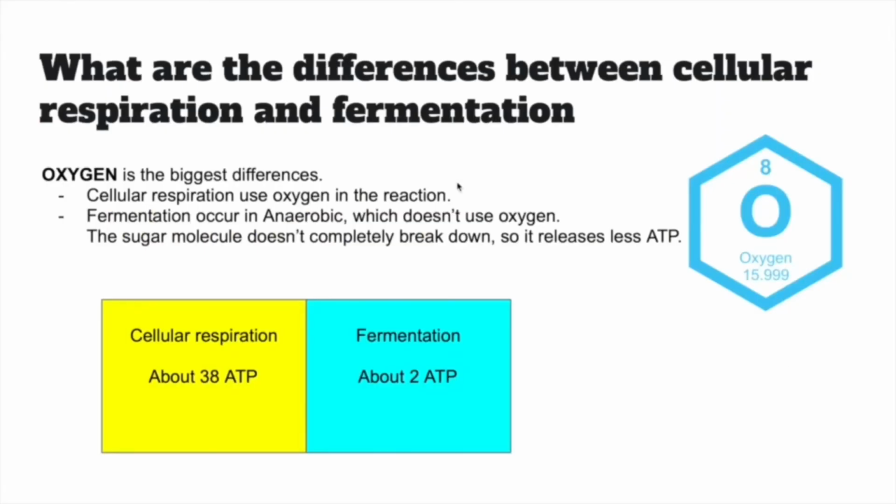What are the differences between cellular respiration and fermentation? The biggest difference that we can see is oxygen. Cellular respiration uses oxygen in its reaction, but fermentation occurs anaerobically, so it doesn't need oxygen.